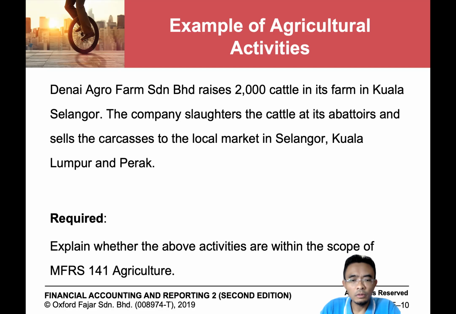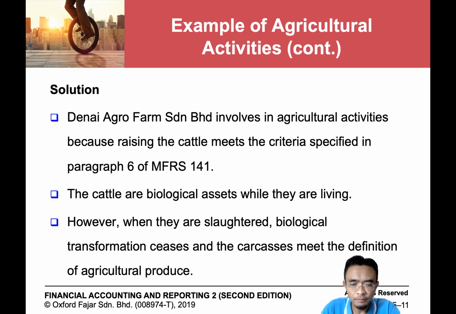So explain whether the above activities are within the scope of MFRS 141 Agriculture. Denai Agro Farm Sdn Bhd is involved in agricultural activities because raising the cattle meets the criteria specified in paragraph 6 of MFRS 141.